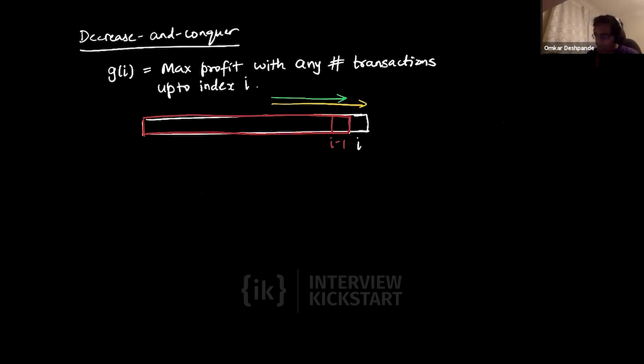In other words, this prefix, which is one shorter, would also be the best possible transaction under the given constraints that ends with a sell on day I minus 1. That's the transaction that I want to extend, because if the green transaction was not the best transaction, I could replace it with the best transaction and extend that and get a better transaction.